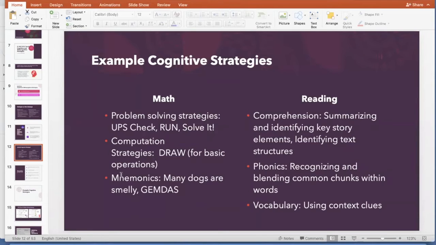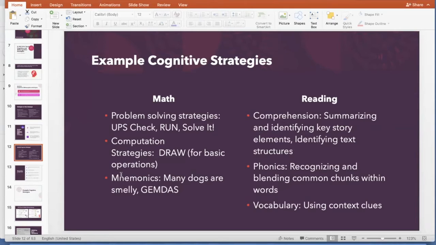You might have heard of UPS check, which stands for understand, plan, solve, and check your problem, or RUN, which is read your problem, underline the question, name the problem type. These are general strategies that span all different types of problems. Computation strategies, one is called DRAW. I'll show you what that is in a minute. Mnemonics, I'll show you some examples of those too.